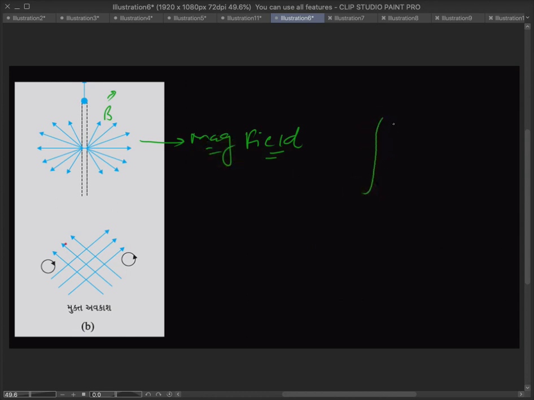Let's say you have a current carrying wire, and around that a magnetic field is produced like that, or you can say this would be the direction of the magnetic field lines. But you cannot say that there would be a point source in the magnetic field. Here there would be a point source. So this figure is not fulfilling the properties of magnetic field, only because of 2 reasons. The very first reason is that there would be a point source, which is not possible in a magnetic field.